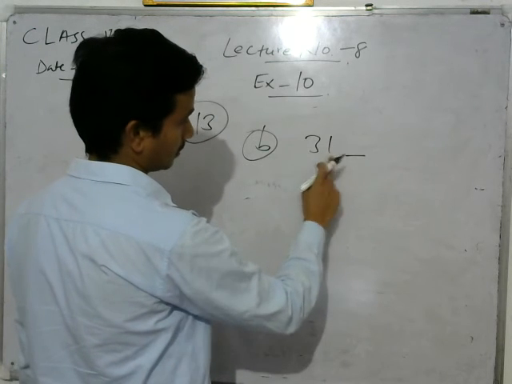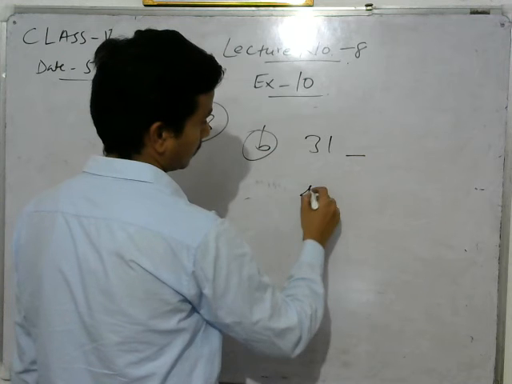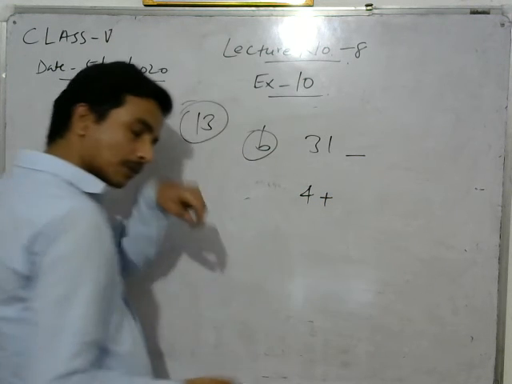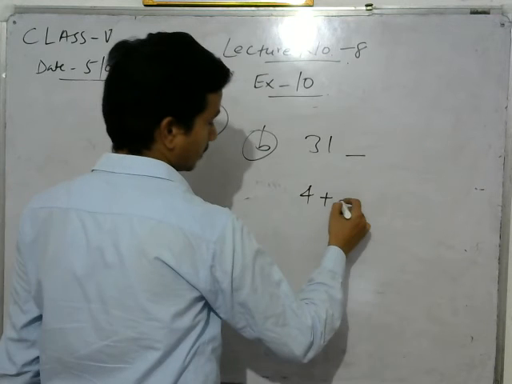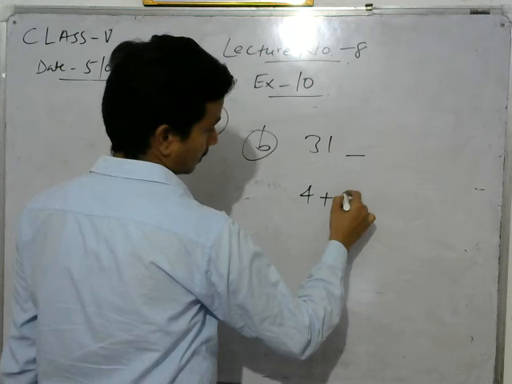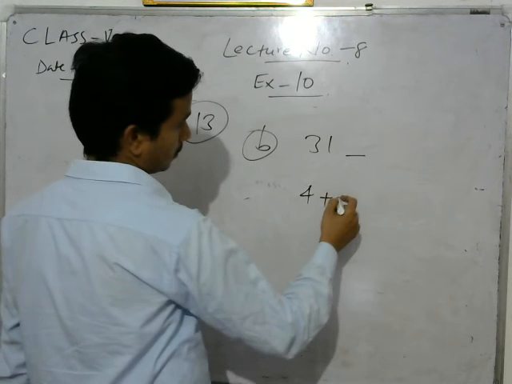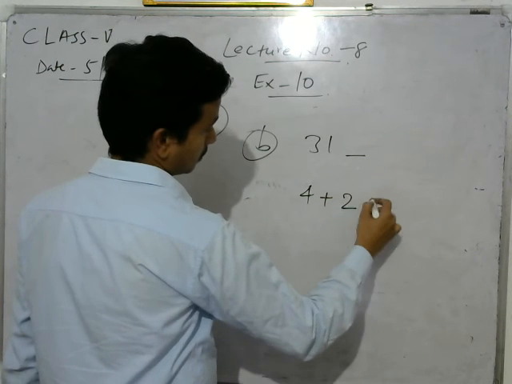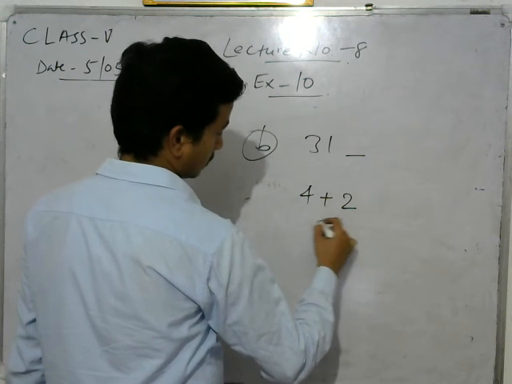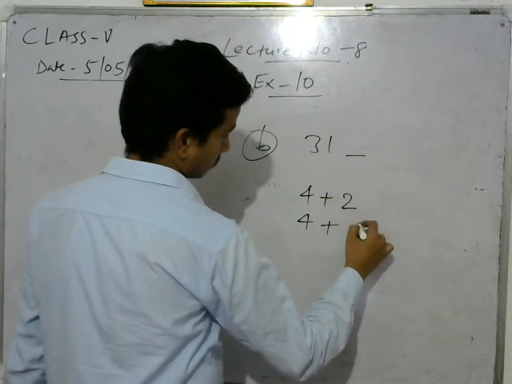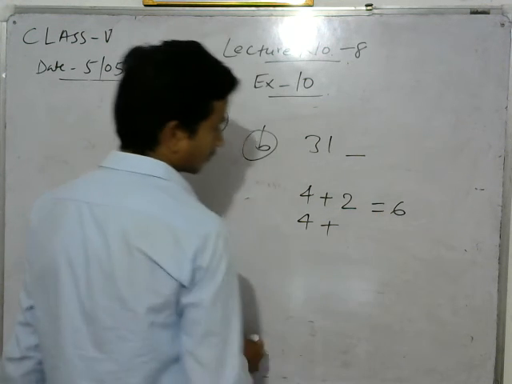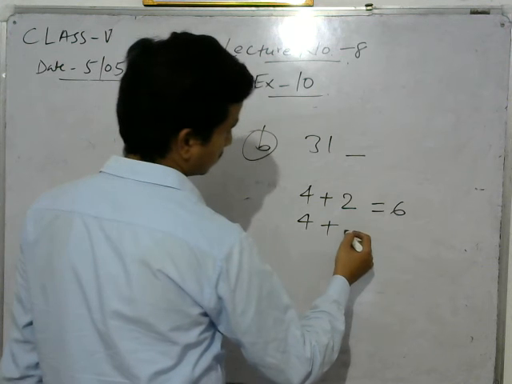So 3 plus 1 is 4, and 4 plus, can I use 0? No. 4 plus 2, I can use 2. I can use 4 plus 6. 4 plus 3 is 7.